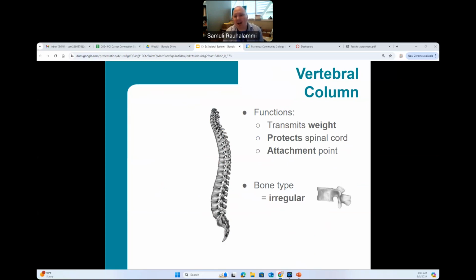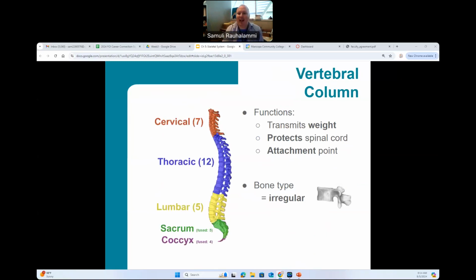The bone type, per the classification of the shape of the bones, for the bones of the vertebral column is of course going to be irregular. So that's a good one to remember, drawing those connections between parts of the lecture material. The vertebral column is made of 26 bones that can be divided into 5 different regions.